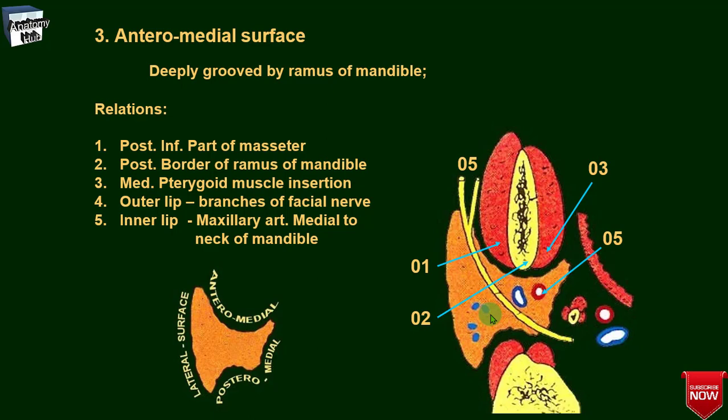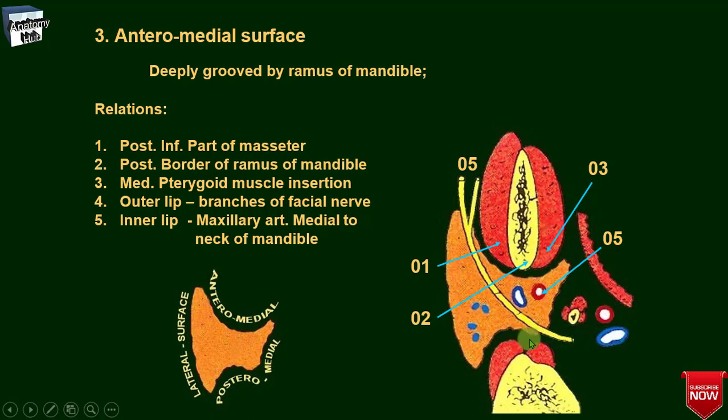Here you can see the anteromedial surface that is deeply grooved by the ramus of the mandible, and for the relations, mainly here you will see the posterior and inferior part of the masseter muscle, and here you will find the posterior border of the ramus of the mandible, and here you will find the medial pterygoid muscle, mainly the insertion of the medial pterygoid muscle.